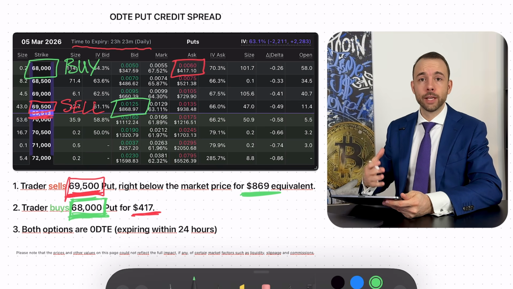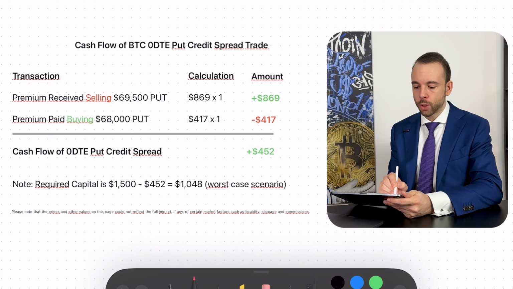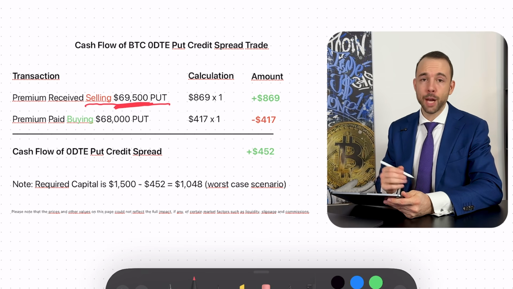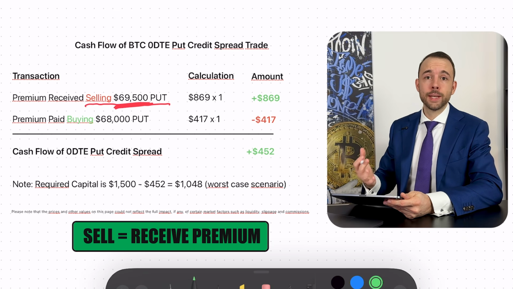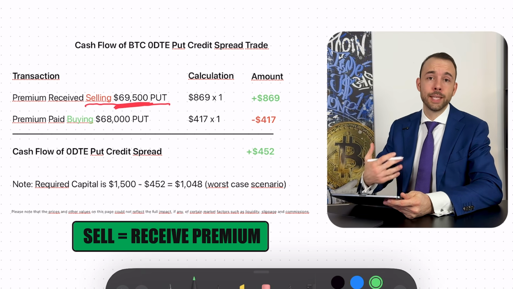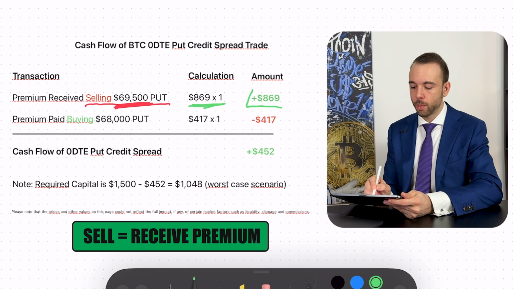Let's take a look at the real numbers and the cash flow for this strategy. As I said, we are selling the put option with a strike price of $69,500, and because we are selling the put option, we receive the premium. As always, if you're selling something, you receive money for that. In this case, we are selling 1 BTC, which is equal to 1 put option, and for that we receive a premium of $869.